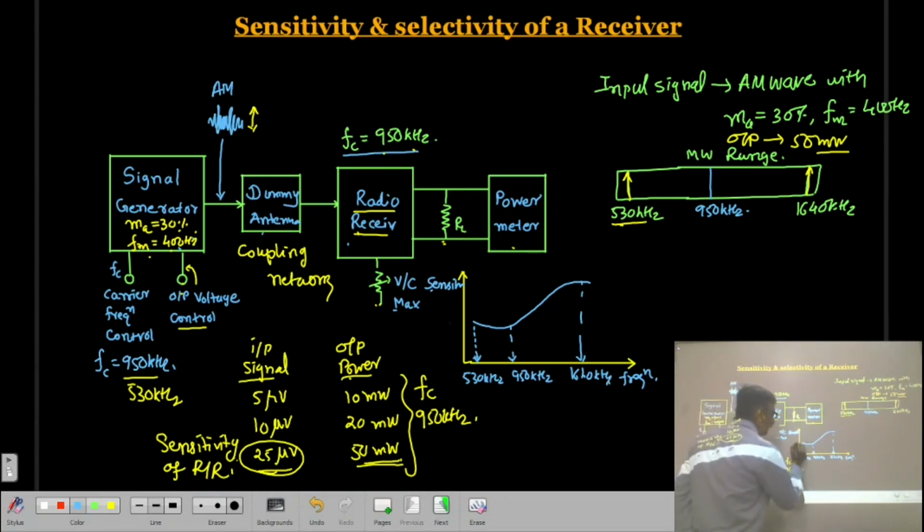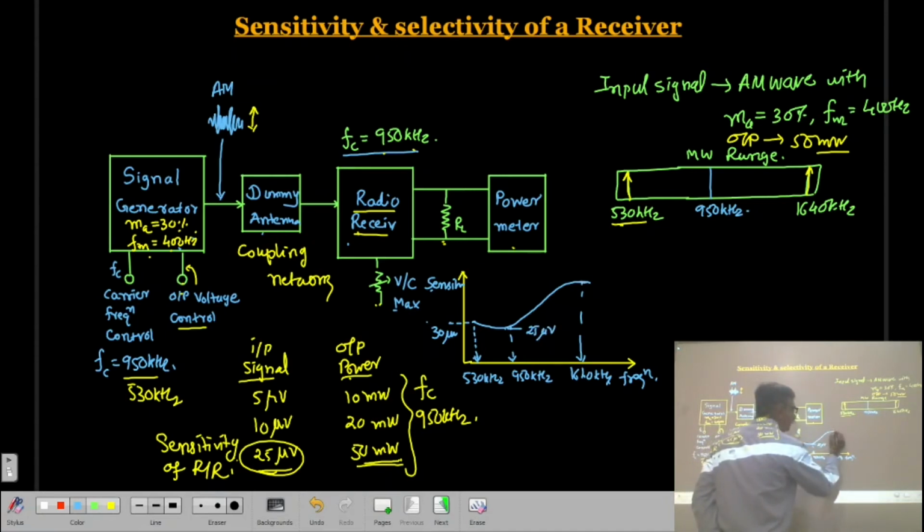Here, let us say the sensitivity is 30 microvolt. At this point the sensitivity is 25 microvolt. At this point, the sensitivity is, let us say, 70 microvolt.